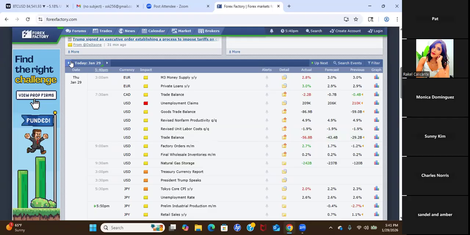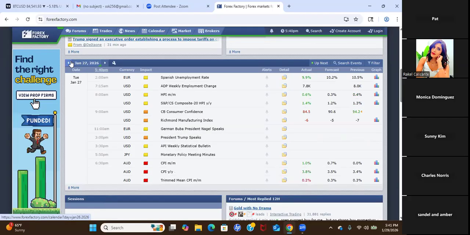I'll show you a really clean example from this week. On the 27th, you see how both news came out green? Green, green, that's 100% sell. And you would sell which pair? I know it says USD, but what do you determine to sell? Is this just based off gold?